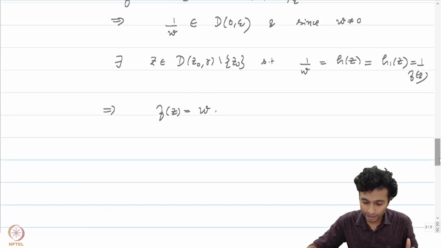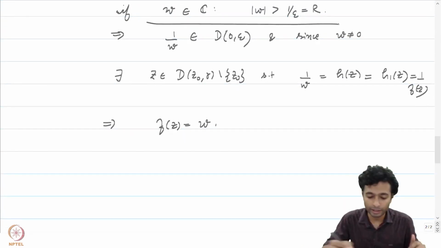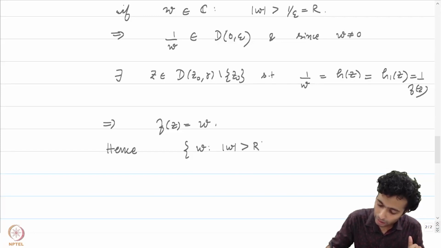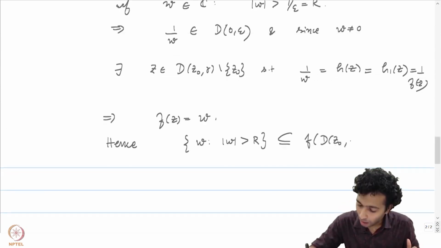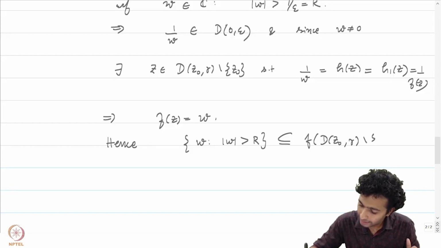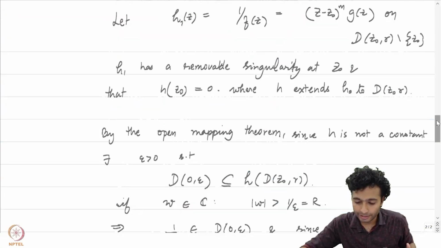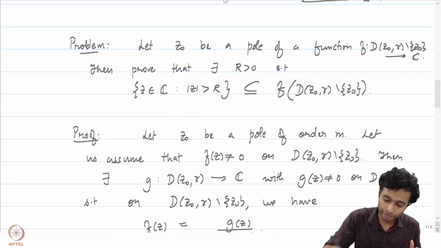So that means you take any arbitrary point w in C which satisfies the condition that mod w is greater than R, hence the set of all w such that mod w is greater than R is contained in f of D(z0, r) minus the isolated singularity. And that's precisely what we had set out to prove. If I go up and show you the problem, that's precisely what we were asked to prove.